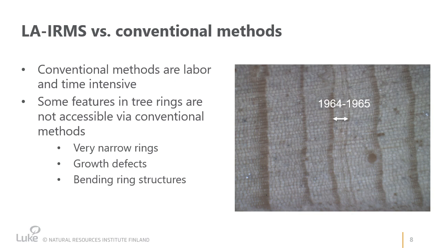So you can imagine that this is impossible to separate accurately using conventional methods. By using laser ablation, these types of features in the tree rings are accessible. You can actually analyze both of these rings relatively easily.